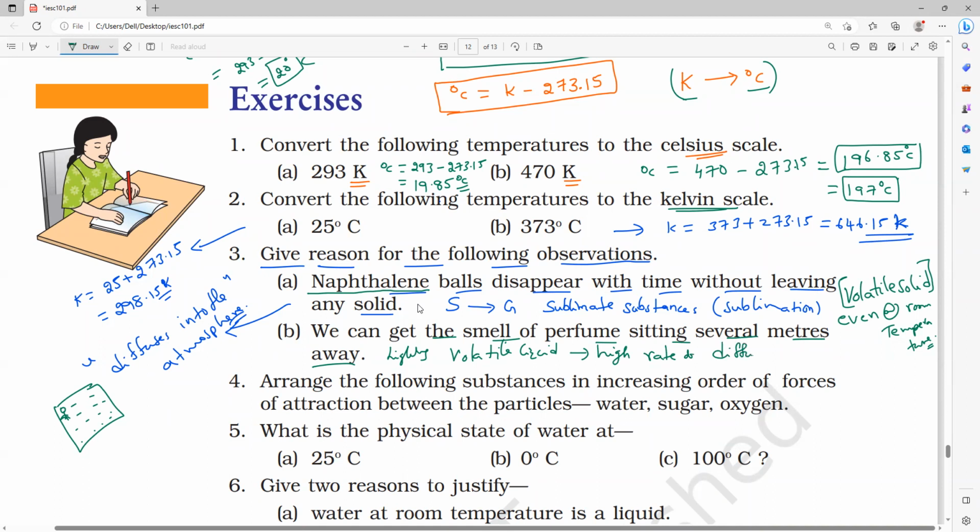High rate of diffusion, even at room temperature. So the perfume spreads a long distance by mixing with the air, and we can smell it even from several meters away. Clear, guys? Understanding?